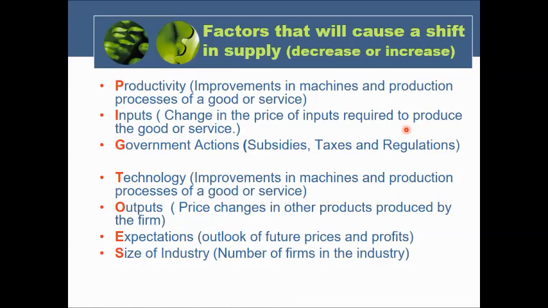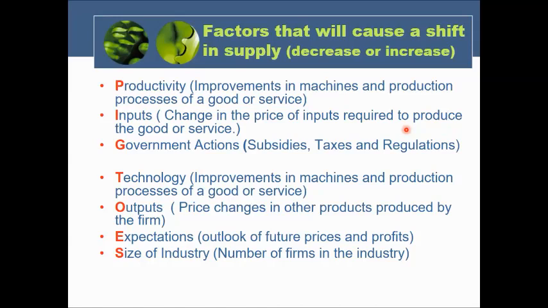Also, we have the inputs. There are changes in the price of inputs, yung mga raw materials that are required to produce the goods or service. And we have government actions, which include the subsidies of the government, the taxes implemented by them, and also the rules and regulations that affect the business.